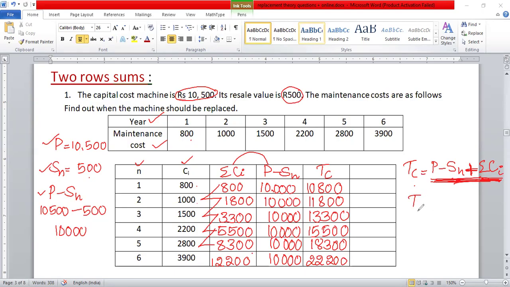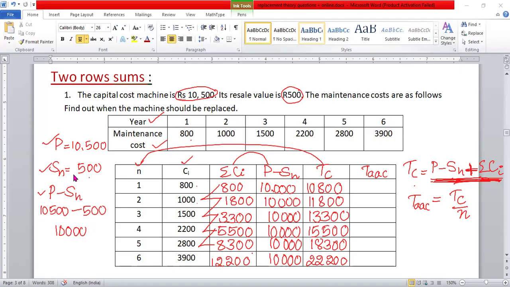Now, one more formula also, the total annual average cost, TAAC, that is equal to TC divided by N. Look at the TC column is here and N column also here. So every TC you have to divide by N. So TAAC, okay, fine.